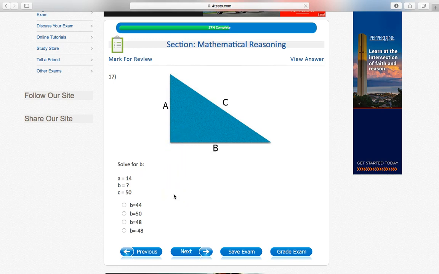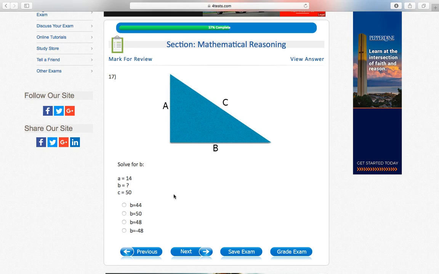Pythagorean theorem means a squared plus b squared equals c squared. If we plug these numbers in, that means 14 squared plus b squared equals 50 squared. If we do that math, that will mean 196 plus b squared equals 2500.